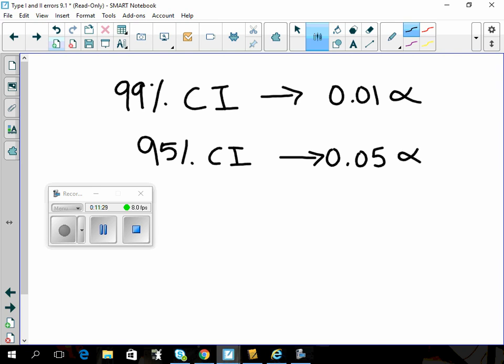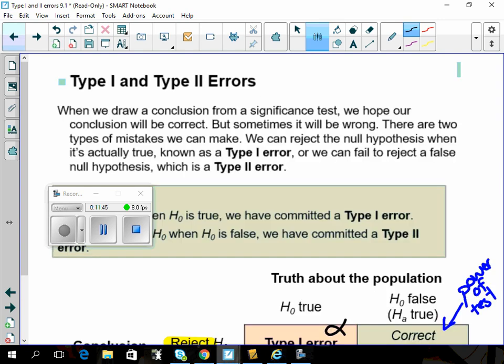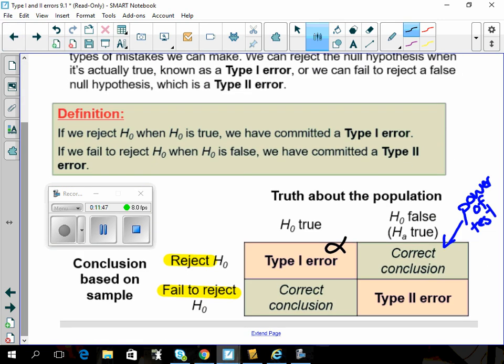So that's important. So you might hear me say alpha. You might hear me say the significance level. But they are, in fact, related to the confidence level that we have already talked about with confidence intervals. Alpha is also the probability of making a type 1 error. So those are exact numbers. So that's kind of nice.